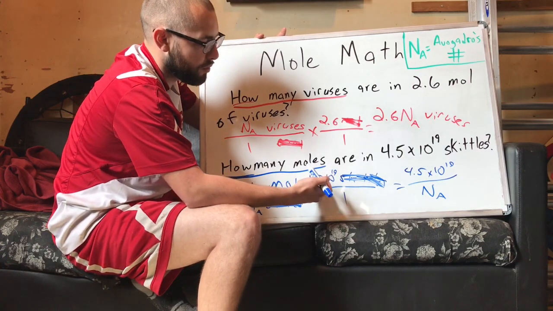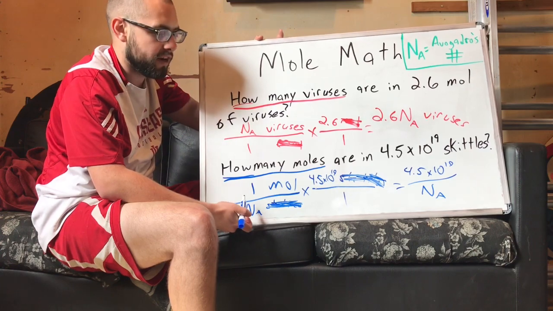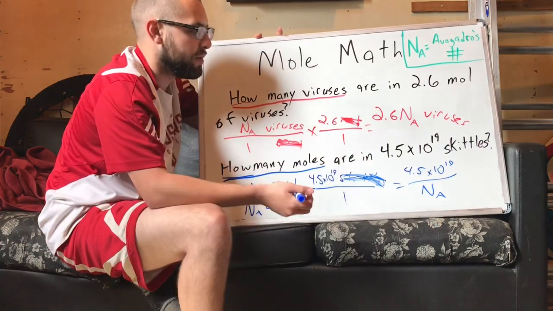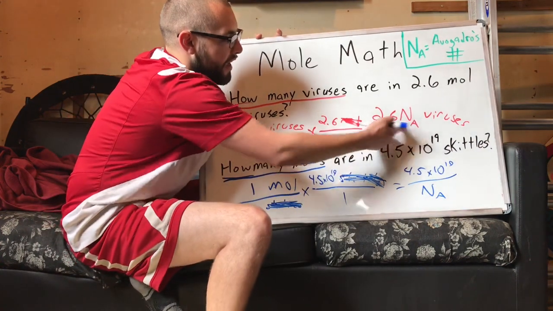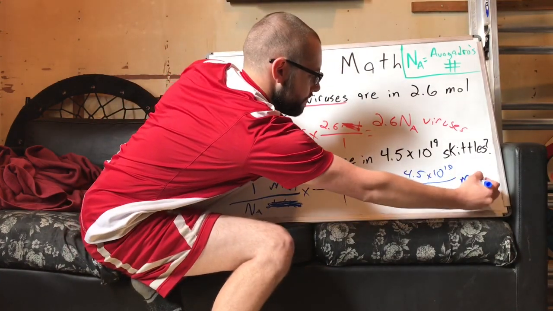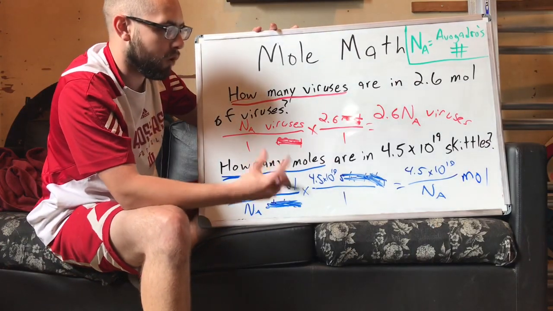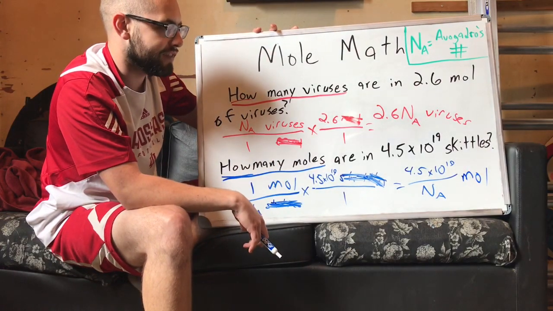Because this number was in the numerator and Avogadro's number was in the denominator, my answer is just going to be a little bit different. Instead of multiplying, I need to do some division here. And then my unit is moles. I figured out how many moles I had of Skittles.